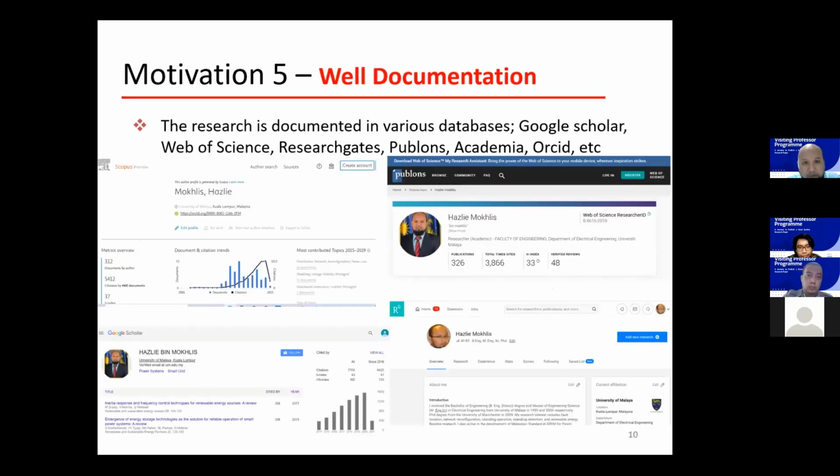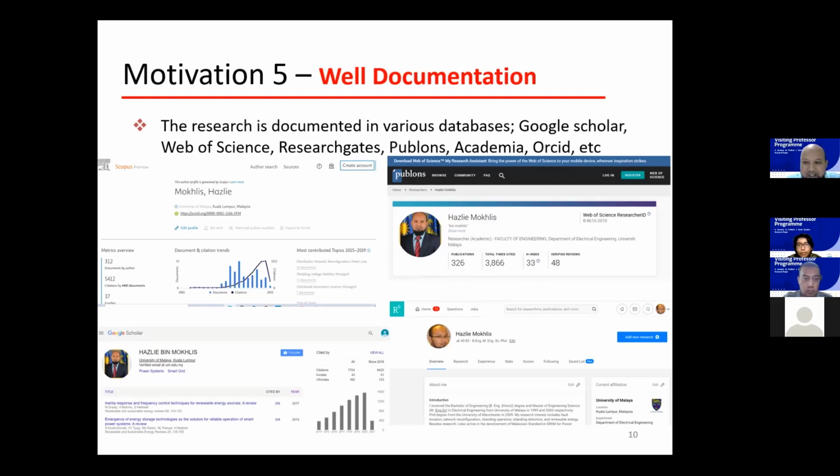Number 5, the motivation is well documentation. Nowadays, there is a lot of, we would say, social media, but for researchers: ResearchGate, Publons, Academia, ORCID ID, and others. So all of your publications will be documented forever, until you die actually.